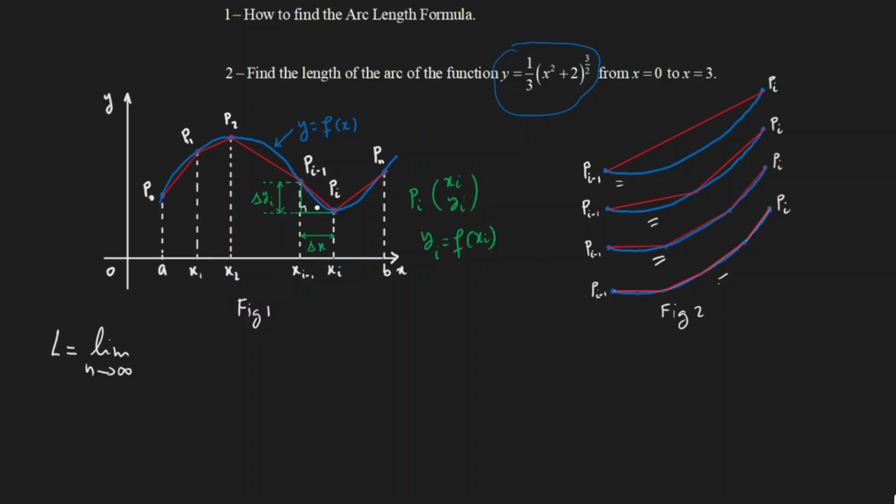But what's the length of the polygon? It's the length of all the segments: the length of P0 P1 plus P1 P2 till Pn minus 1 Pn. So we can write this as the summation when i goes from 1 till n of Pi minus 1 Pi.